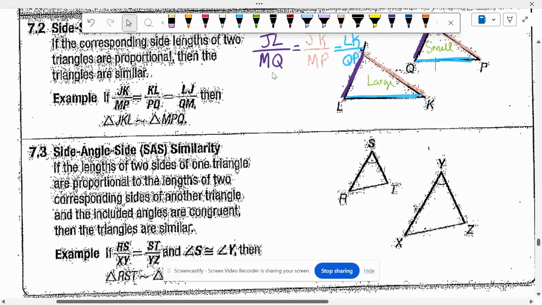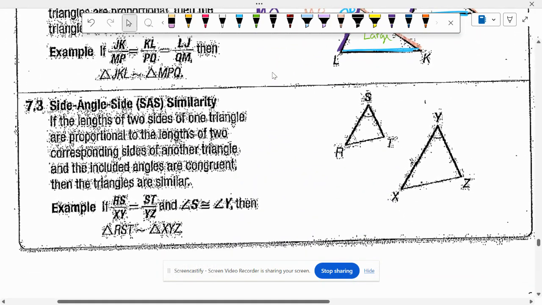The last similarity is side angle side. So remember that the angles are congruent. Angle S is congruent to angle Y, but the sides are proportional. Remember I said I always do the large to the small.